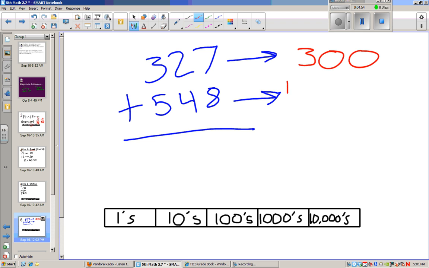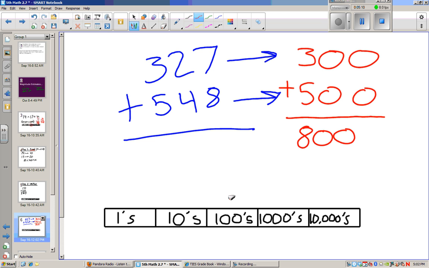Put in my plus sign. For 548, the 4 tells me to round down, so I'm going to round this to 500. Now I have a much simpler problem: 300 plus 500, that's just 800. So I'm expecting my answer to be in the hundreds place.